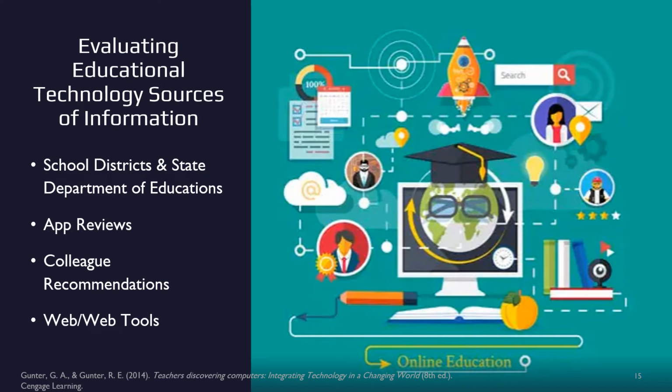Evaluating educational technology sources of information. School districts and state departments of education, app reviews, colleague recommendations, and web tools are all ways that you can evaluate educational technology sources of information.